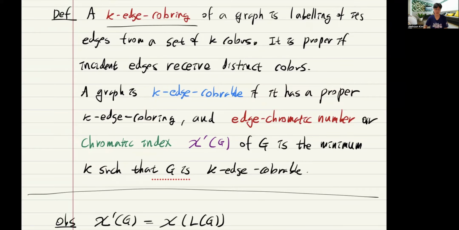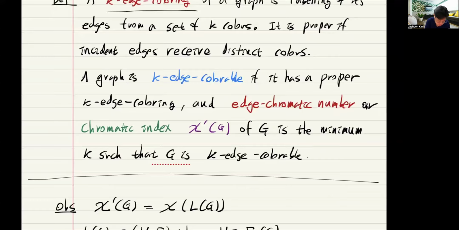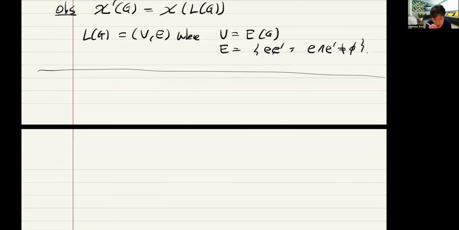For vertex coloring, having multiple edges means nothing. You are only considering the vertex coloring, and having one edge between them or two edges between them makes no difference. But for edge coloring, if there are two edges between two vertices, you have to give them different colors. So considering graph versus multigraph makes a difference.